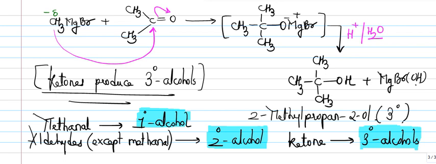The next that we would take up is how Grignard reagents react with acid chlorides or esters. So let us find out how Grignard reagents react with acid chlorides. First of all I'm taking up Grignard, CH3MgBr, same thing, partially negative, plus CH3C double bond O and Cl.